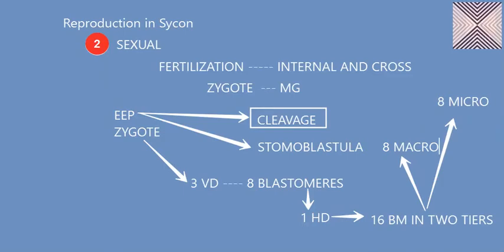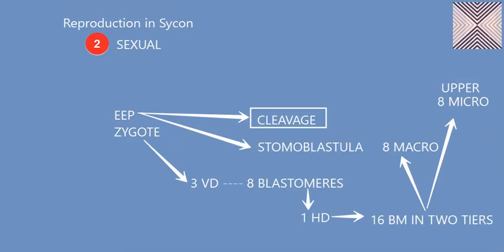So out of these 16, we have got 8 micromeres and 8 macromeres. The 8 micromeres are the upper ones, and the 8 macromeres are on the lower side. Now this is the condition up till now.